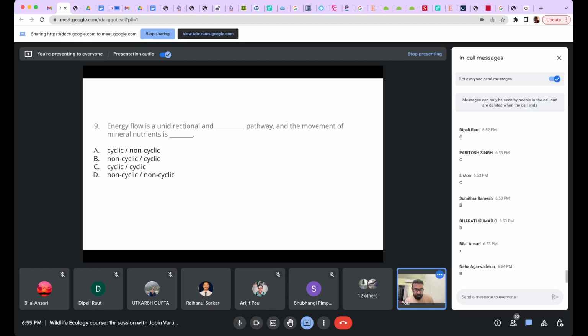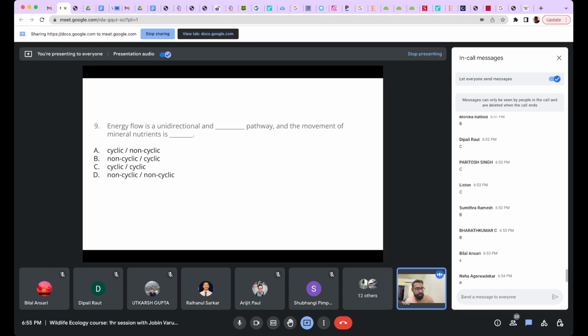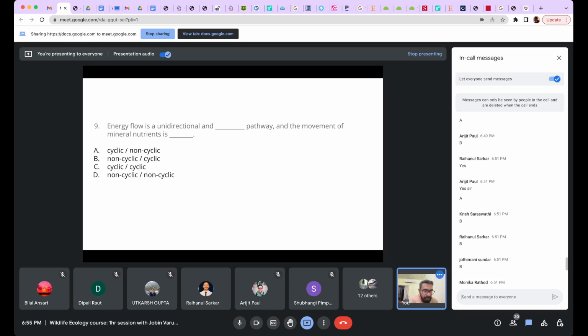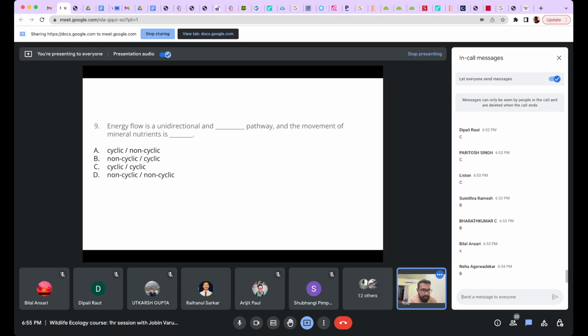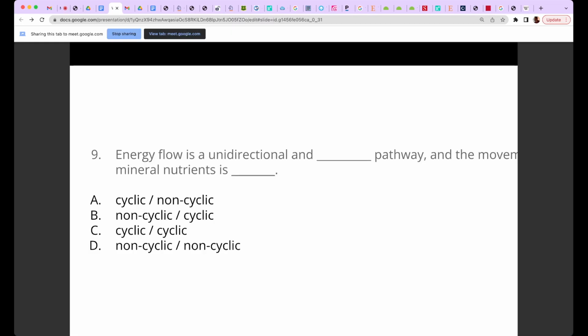Did everyone get the answer? Bilal, did you get the answer? Why is it B? Everyone who didn't say B, like Arjit, Liston, Paritosh and Dipali, do you understand why it's B now? Yeah. Okay, cool. This is the last question that we have.